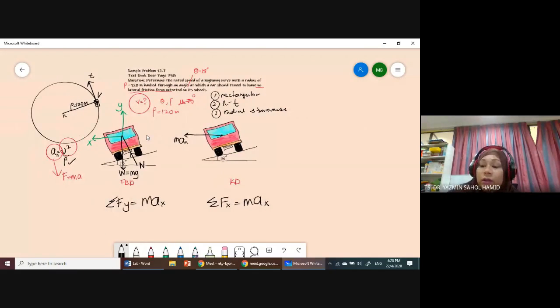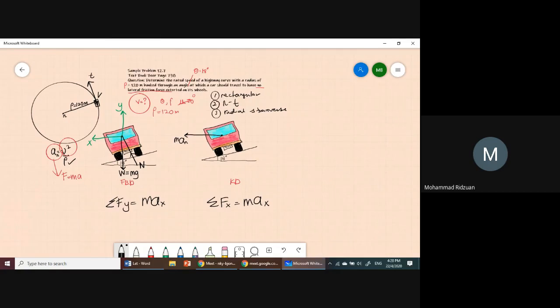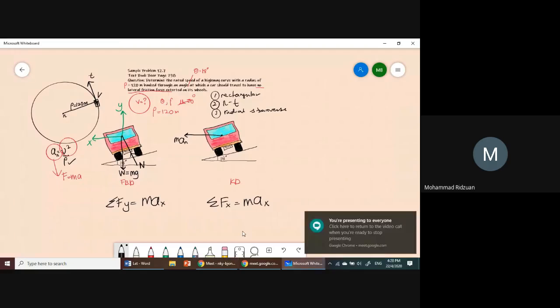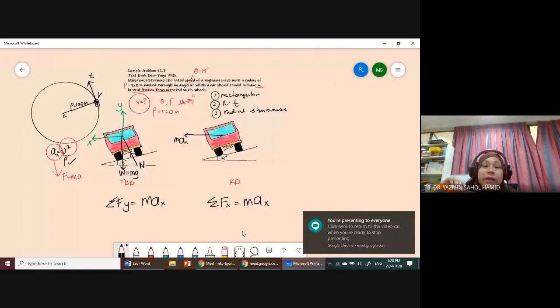Now, I want to ask you, if we have a vehicle like this, look at my picture on the screen. This vehicle is going on a straight line and the velocity is constant. What is the acceleration value? 0. Okay, only one person is answering.